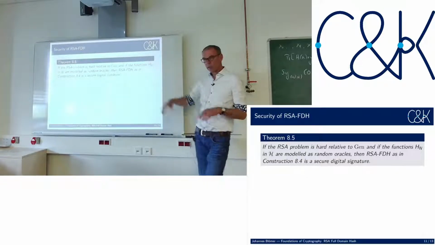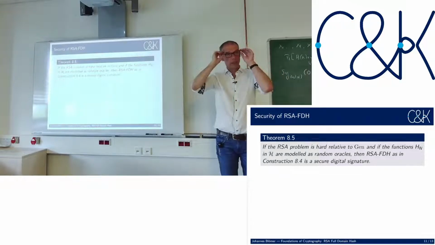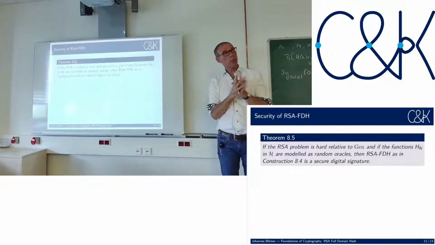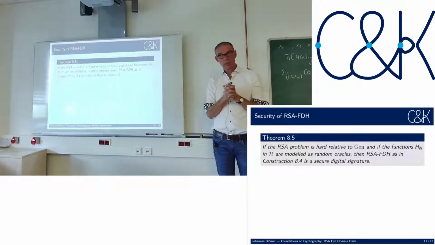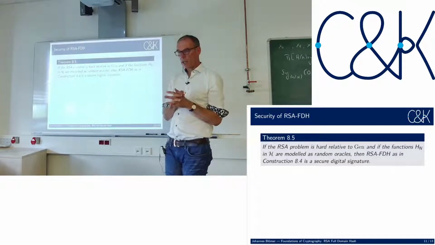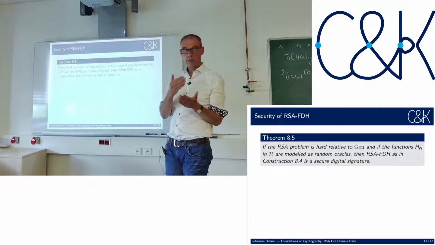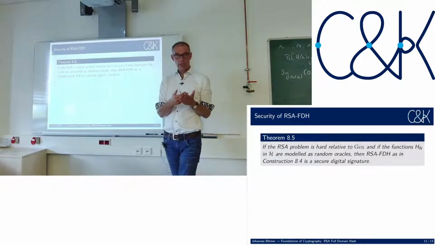So for this function Hn, we have this nice third party that provides images as required to all parties involved. And recall that if we talk about a secure digital signature scheme, we look at the signature forging game.